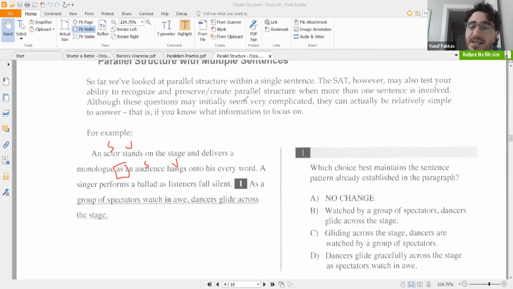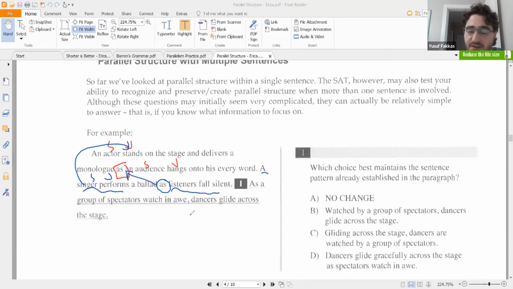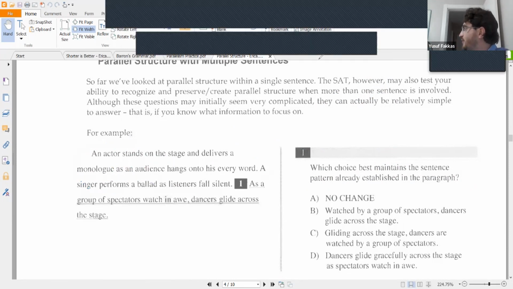Now let's look at the second sentence. A singer performs, an actor stands. Are they the same form? Yes. And then what do we have? Performs a ballad as listeners fall silent. Again, the same structure. Our job now is to make sure that the option we choose has the same structure. So if you look at the underlined part, A, no change.